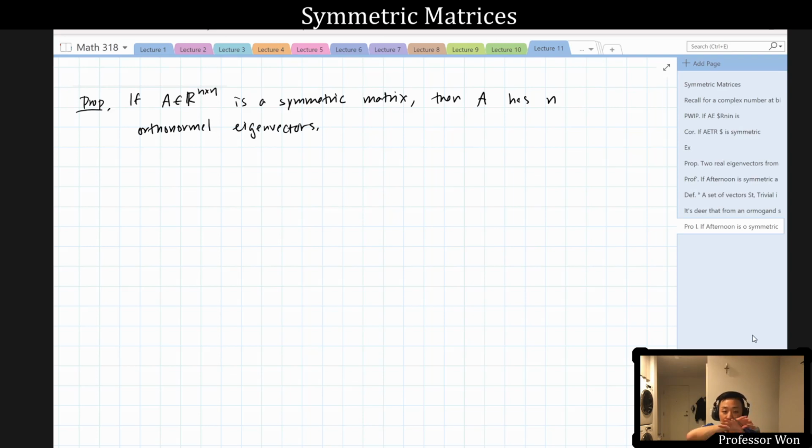And so you can just gather them all together into an orthonormal basis of Rn. Okay, so that's basically the proof. It's written better in the notes. The point is that we'll have a bunch of eigenvectors and a bunch of eigenvalues. Each of these will be real.